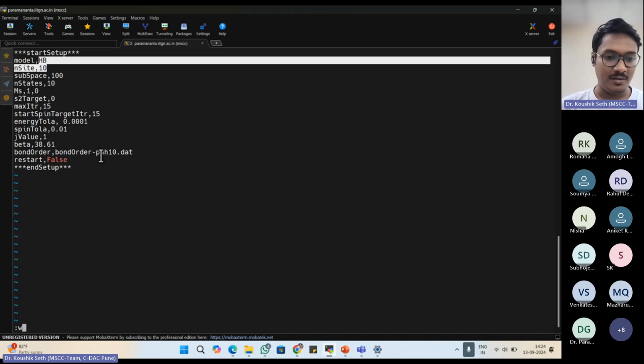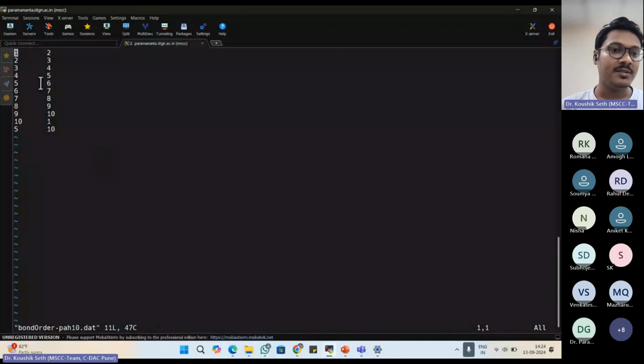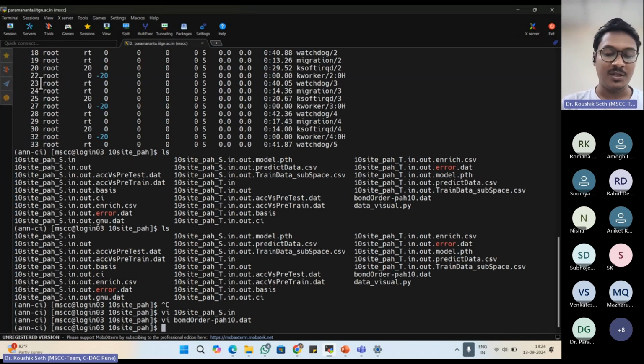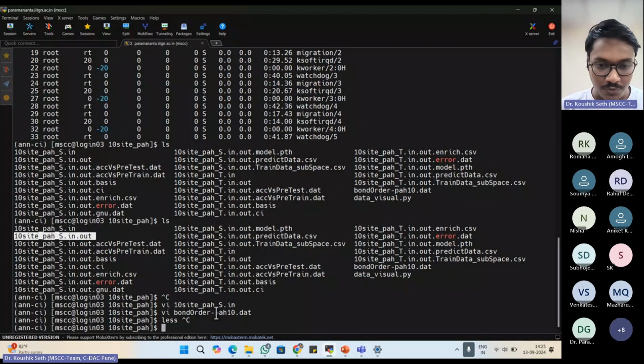The same file also needs to be present in the same directory. So this is the same file: 1 makes a bond with 2, 2 with 3, the same thing, 10 with 5 and 5 with 10. After successful completion of the job, you have the main output file, which is named the same as the input name, followed by a .out extension.